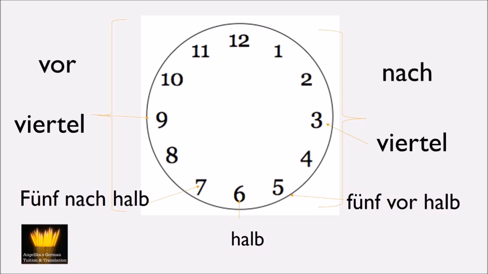But then 25 past is 5 vor halb. And then halb, remember you need to go towards the next hour. So halb 7 is 6:30. If it's 25 to, it would be 5 nach halb. And then for the rest, 20 vor, viertel vor, 10 vor.